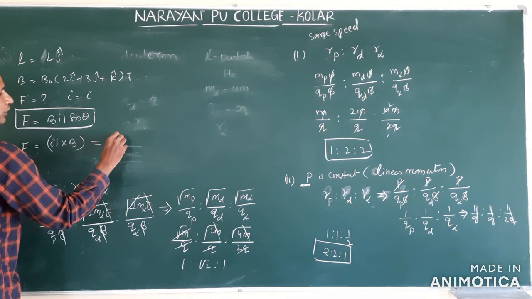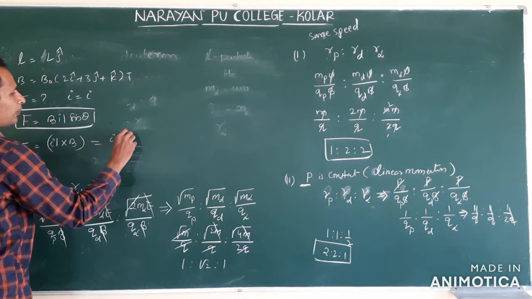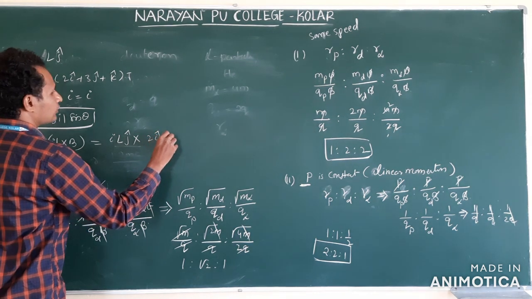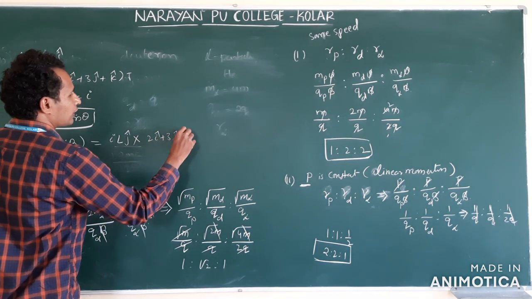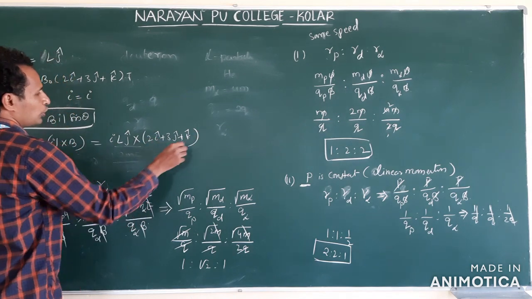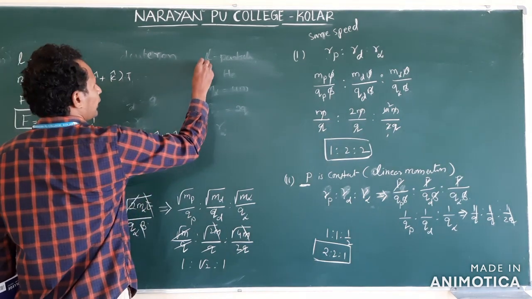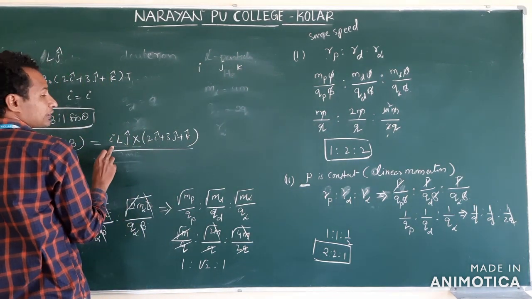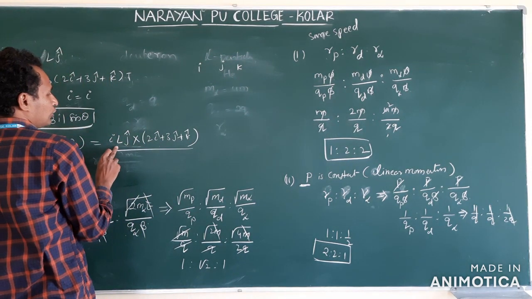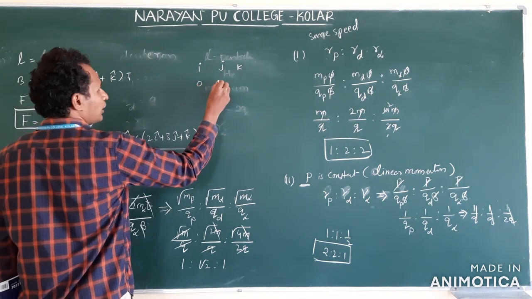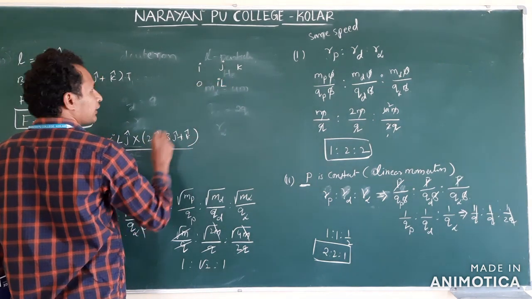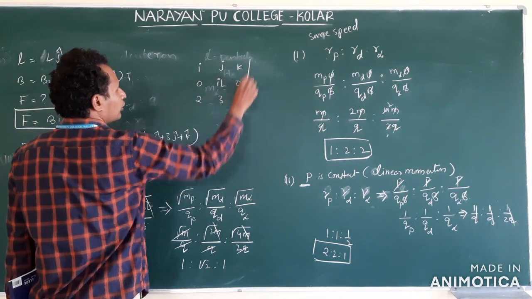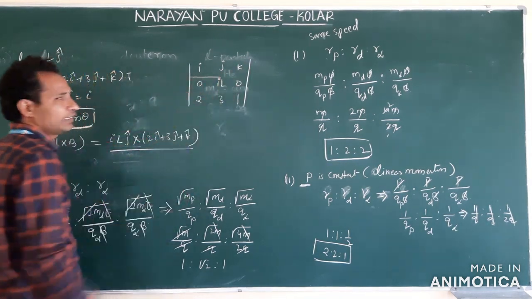I into L j cap cross (2i plus 3j plus k cap). Do the cross product. How do you do this cross product? I component, J component, K component. For the I component, this is not there, so 0. J component is I L, K component 0. Here 2, 3, 1. Do this cross product, you will get the answer.